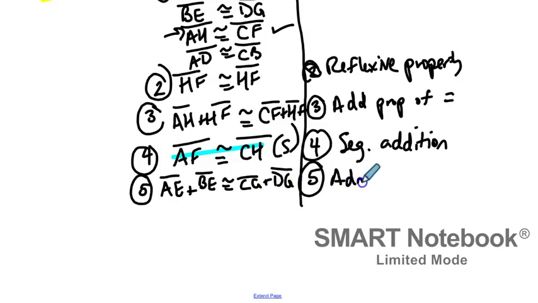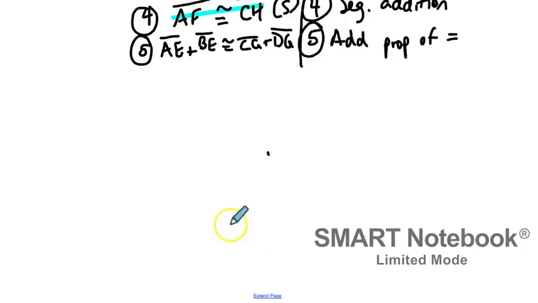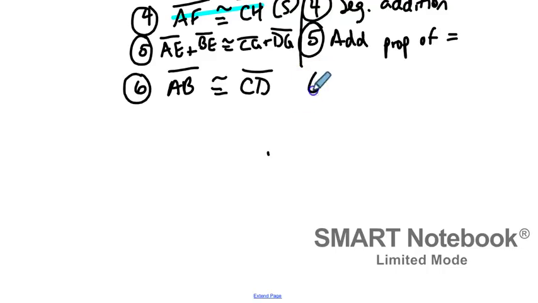Again, because of the addition property of equality. And just like before, when I actually combine those, I get AB. And when I actually combine these, I get CD. This is just segment addition. Other parts of the internet, you might see it called the whole is the sum of its parts.